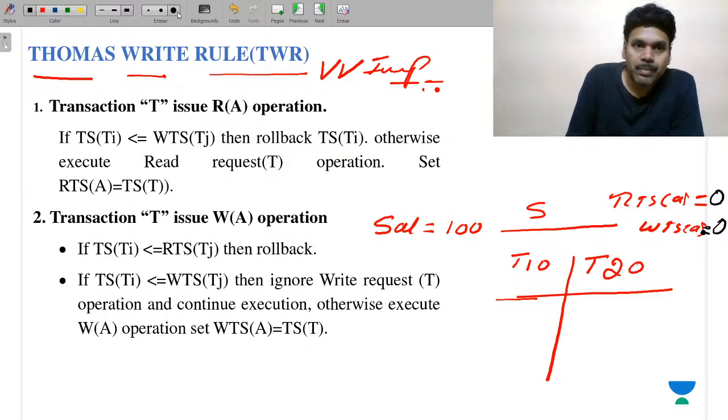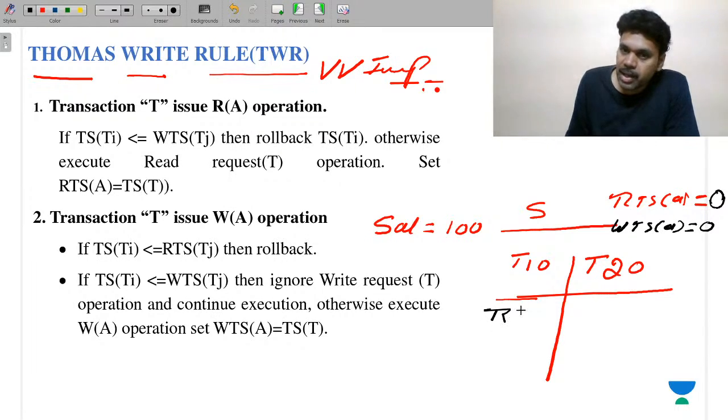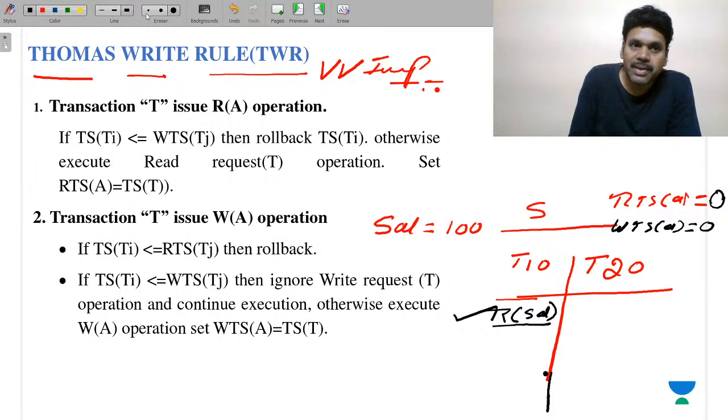Now you see, they are initially given the 0 values. WTS of A is equal to 0. Now you see R of salary. Observe, friends. When you say R of salary, this is fine. This A is nothing but salary only, don't get it otherwise. This is salary, this is also salary.